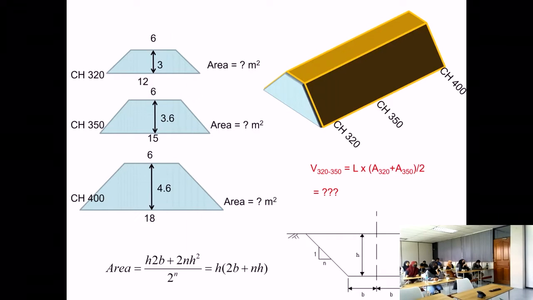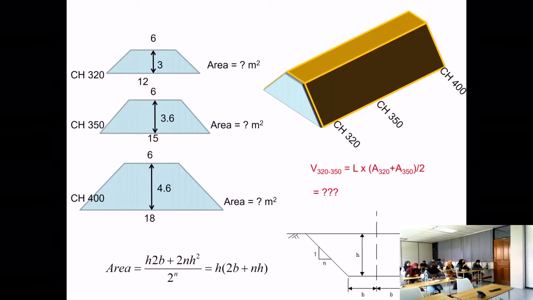So we need to know the cross-section area at chainage 320, 350 and 400, because we only have these three pieces of information here. 320, 350, 400 sounds awkward for a chainage, but I purposely have them at different intervals.